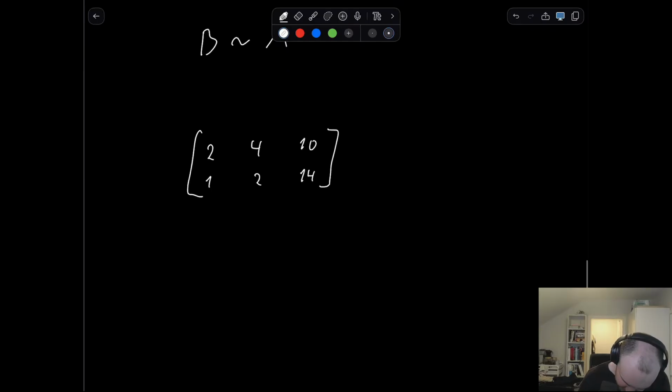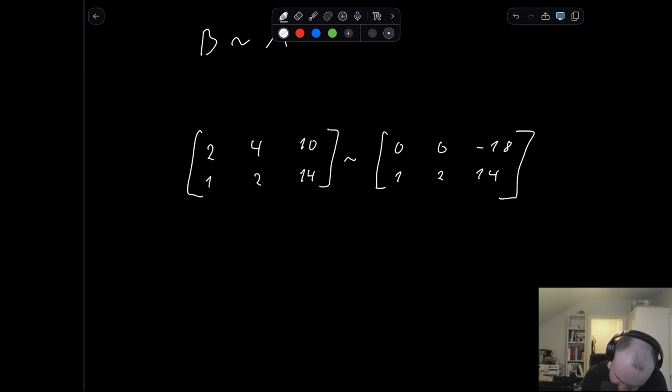Okay, if I now row reduced, and I wanted to get rid of the one on the top, so I took -2 times, that's 28, and then 10, that's -18. So -18. Then I have 1, 2, and 14, right?